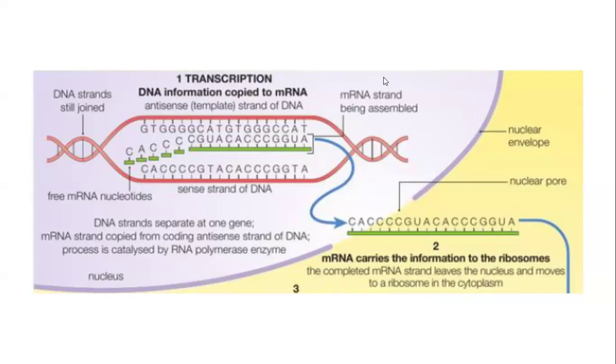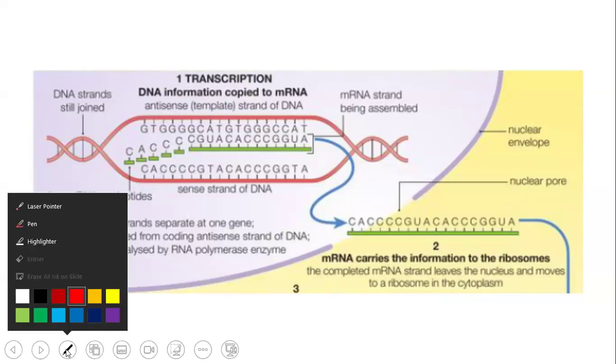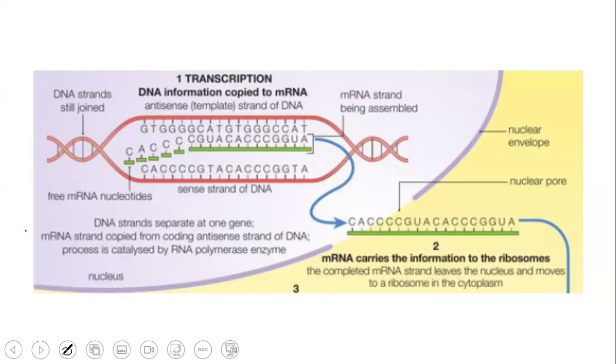Now, for me to make any proteins, there are two steps. I will go over the steps in a simplified manner. When you do your A levels, you will study this in a lot more detail. So we have two steps: transcription and translation.